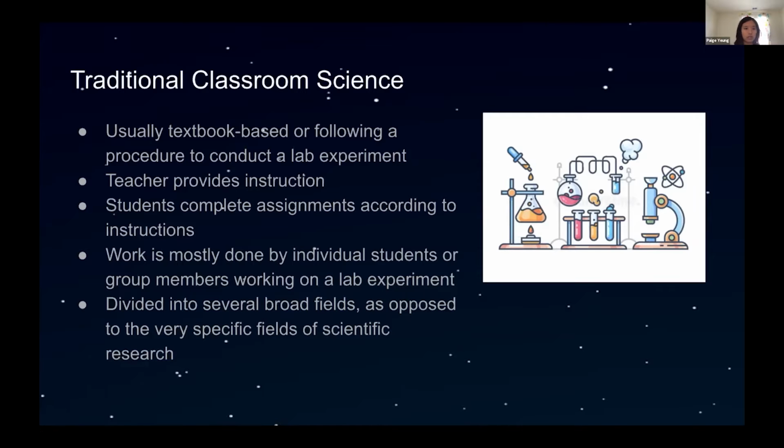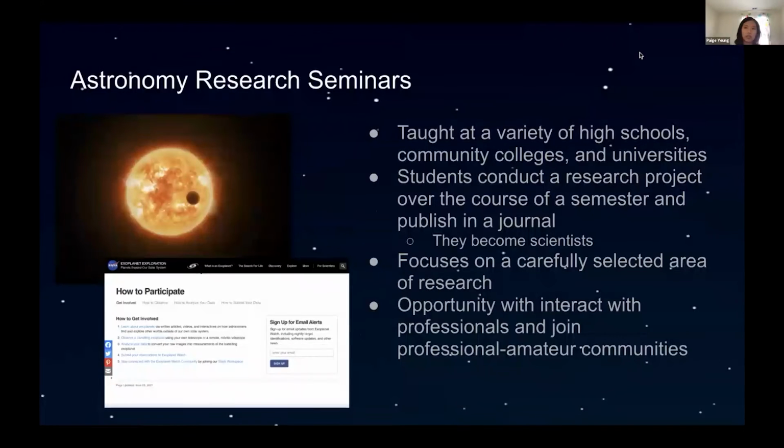And traditional classroom science is divided into several broad fields as opposed to the very specific fields of scientific research. So we see that classroom science isn't very centered around real scientific inquiry, so we might consider a new model of learning. We can ask ourselves what would be a model centered around real scientific inquiry.